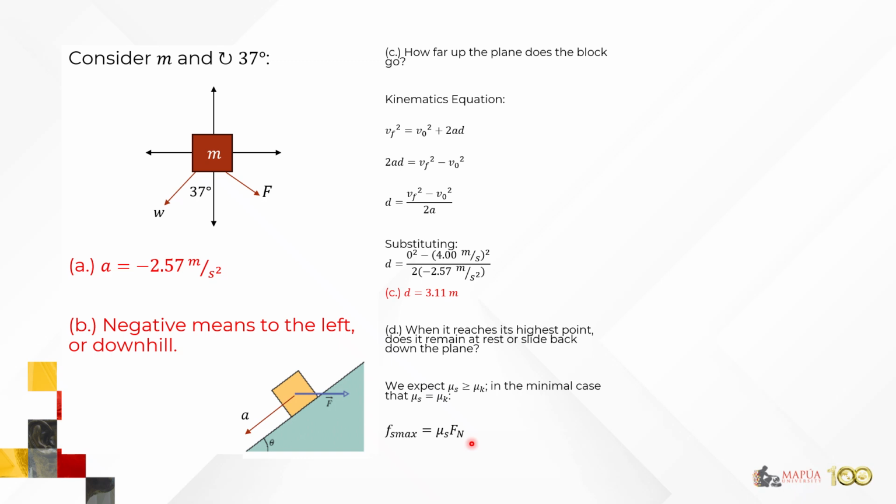But if it's just equal or less than, then it will just remain at rest. It will stop at a certain height. So since f sub n again is equal to f sine 37 plus w cosine 37, then f sub s max is equal to mu sub s times this whole expression. So we just substituted f sub n.